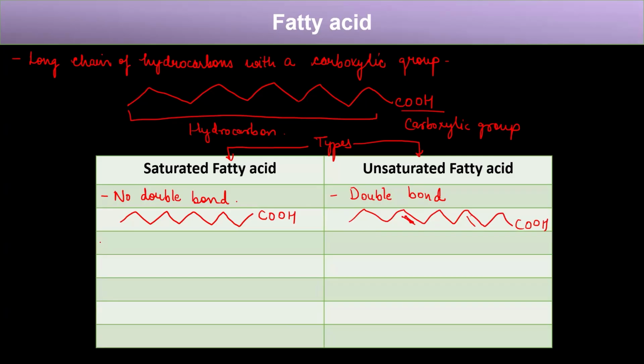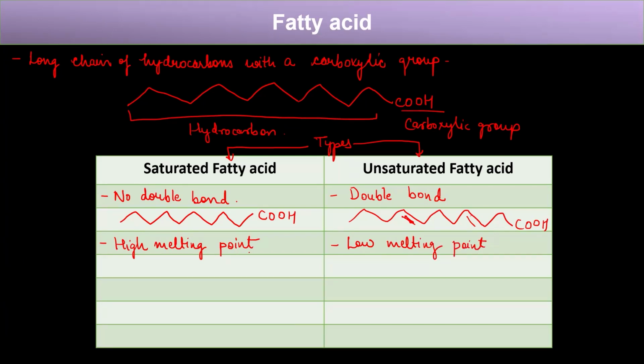Now, this saturated fatty acid, it has high melting point, while the unsaturated has low melting point.